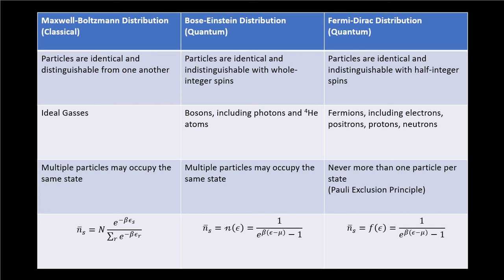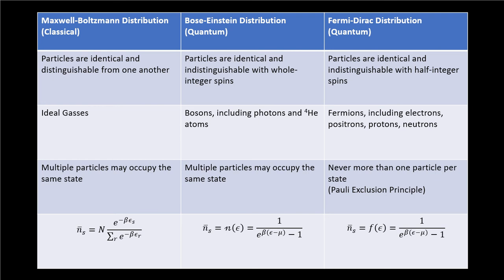With Maxwell-Boltzmann distributions, multiple particles can occupy the same state, the same collection of properties. The same is true for Bose-Einstein distributions. However, Fermi-Dirac distributions have to obey the Pauli exclusion principle, which states that only one particle can ever exist in a specific state.